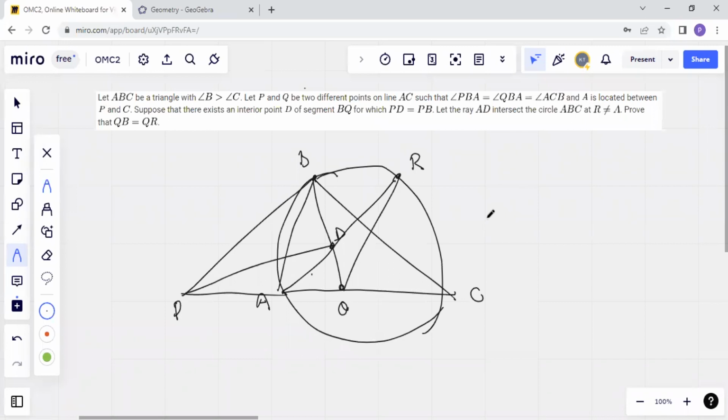Okay, AB is tangent to circle BQC. Yes. So I'll write the power of a point. Is DRQC cyclic? That is a claim. Yes, that is correct.